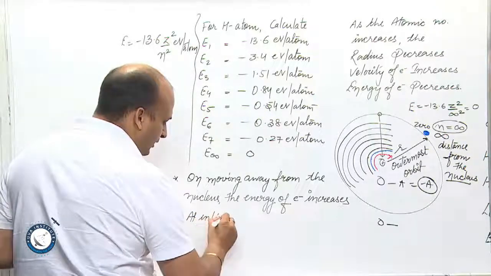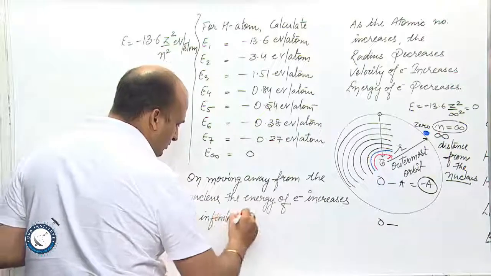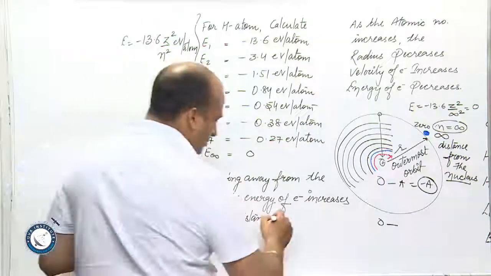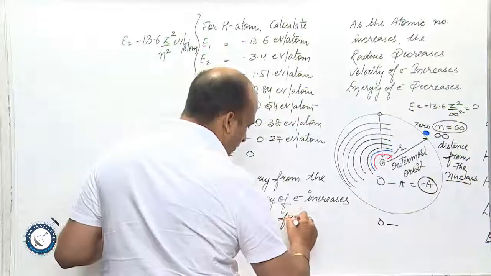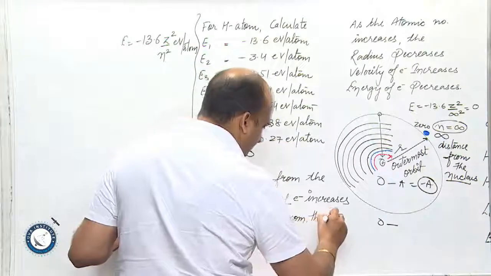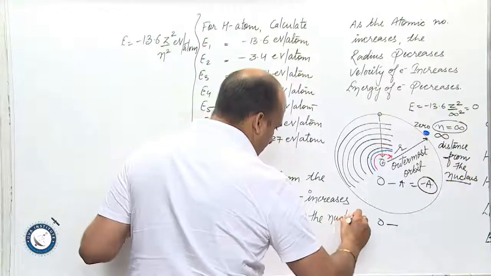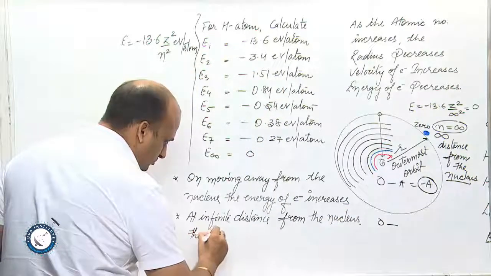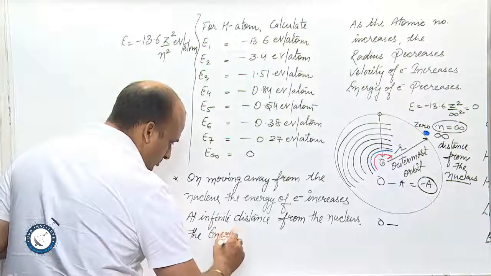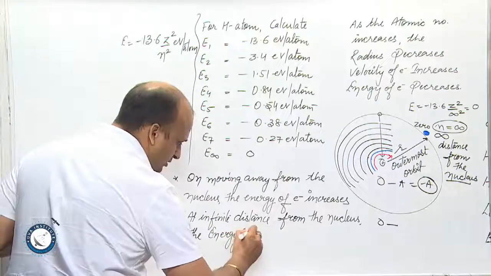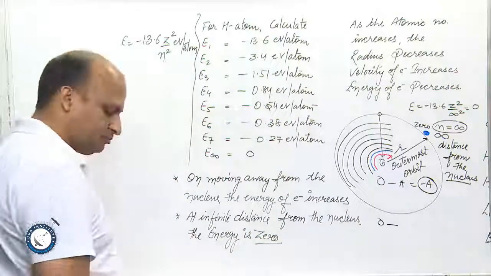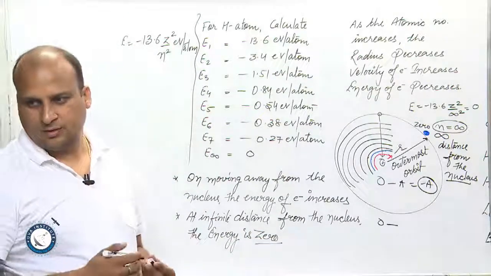At infinite distance from the nucleus, the energy is 0.